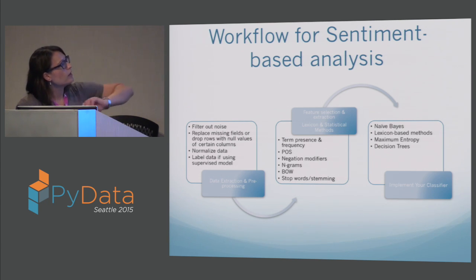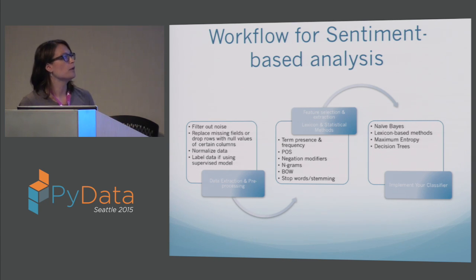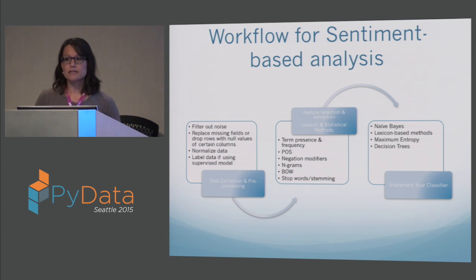But then you've got to implement your classifier, after you've, of course, chosen that classifier first based on what your data looks like. And there are some options. I just started reading about maximum entropy, and I don't know enough about it to really explain it, but from what I've read, a lot of times it beats the Naïve Bayes classifier, so I'm going to try that one next.